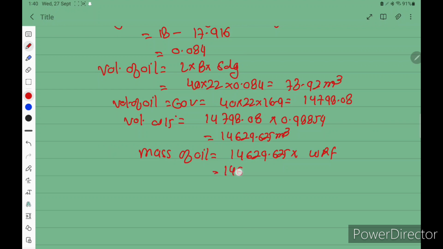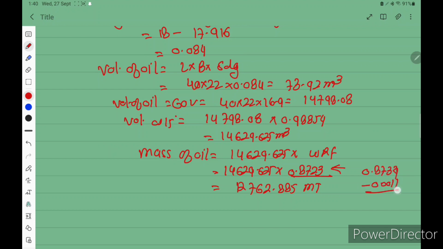So 14629.625 into 0.8723 is equal to 12762.885 metric tons. How do we get this value? 0.8734 minus 0.0011 specific gravity, so 0.8723. Okay, so this value we are going to use.